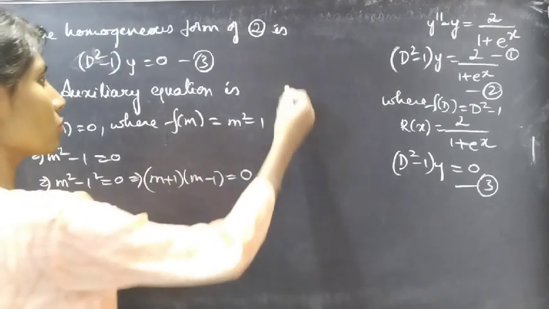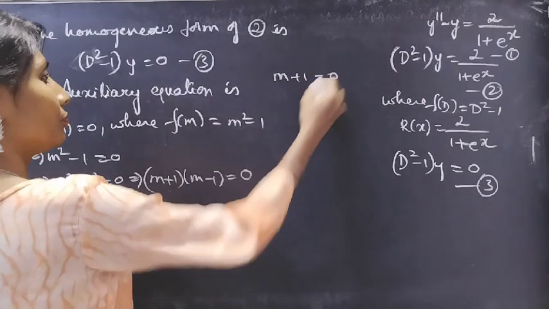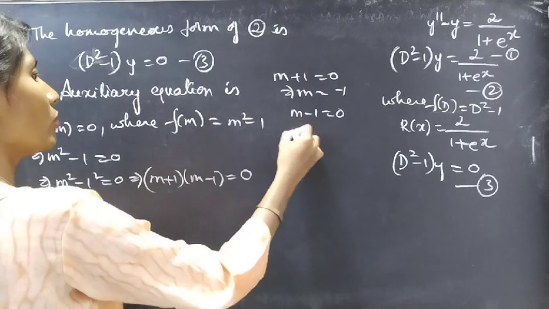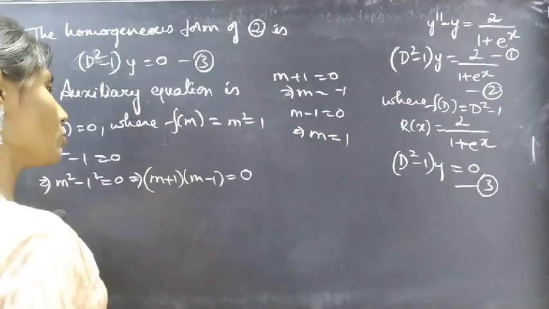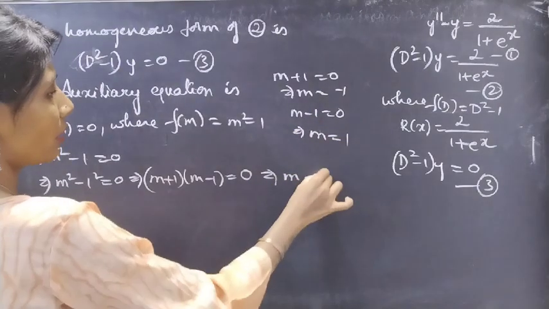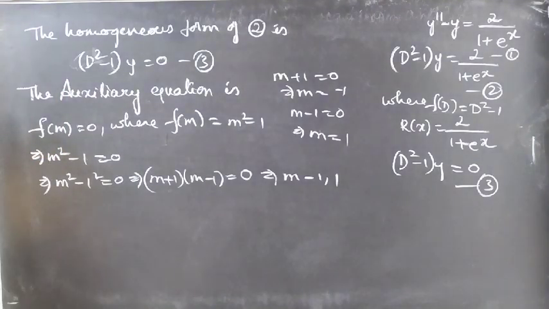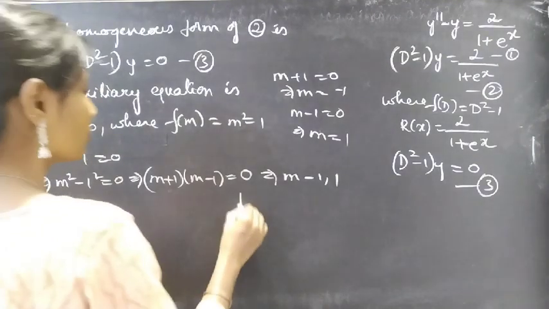Now we equate each factor to 0. When m plus 1 equal to 0, we'll get m equal to minus 1, and when m minus 1 equal to 0, we'll get m equal to plus 1. And m equal to minus 1, plus 1 are the roots of the auxiliary equation, which are real and distinct.